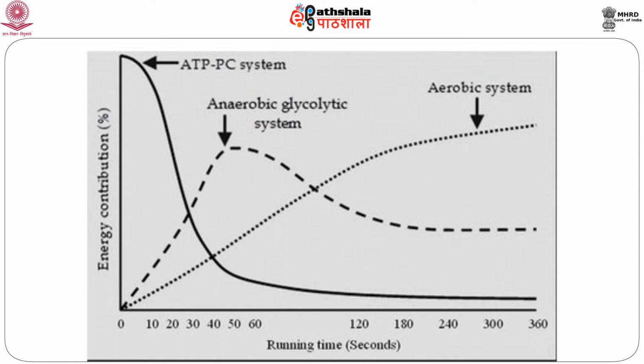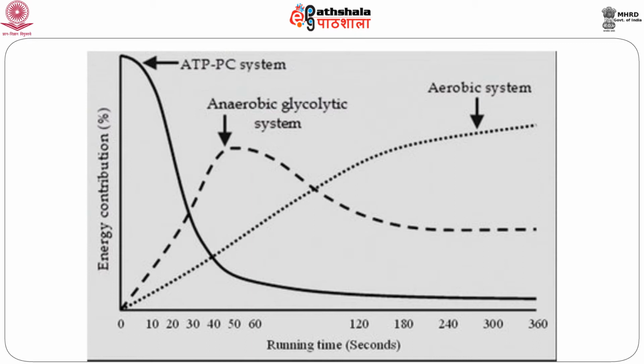The diagram below is an example of the percentage contribution of energy provided by each system during the initial 6 minutes of a run. When exercise begins, energy will come from the anaerobic energy systems. The initial 10 seconds or so are almost exclusively through the ATP-PC system.